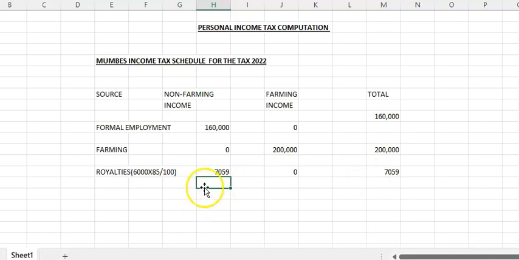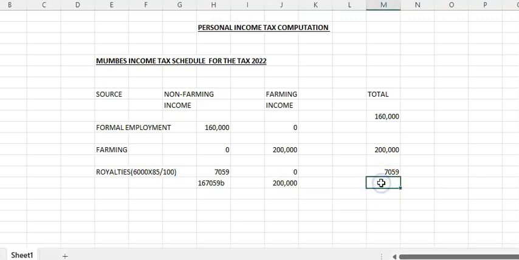So from here we total this, we total that, we total that. When we total this, we are supposed to get 167,059. We're just adding 167. Here when we add, we get the same 100,000.